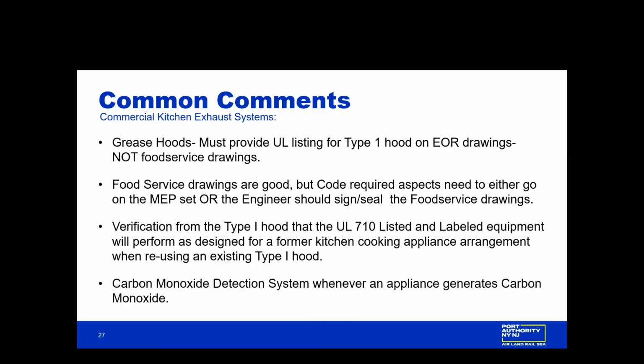We don't know what that setup is. We have a new arrangement, so you have to verify with the equipment manufacturer for your new kitchen equipment layout under that hood if the UL listing is still applicable. Carbon monoxide detection system whenever an appliance generates carbon monoxide. Next slide, please.